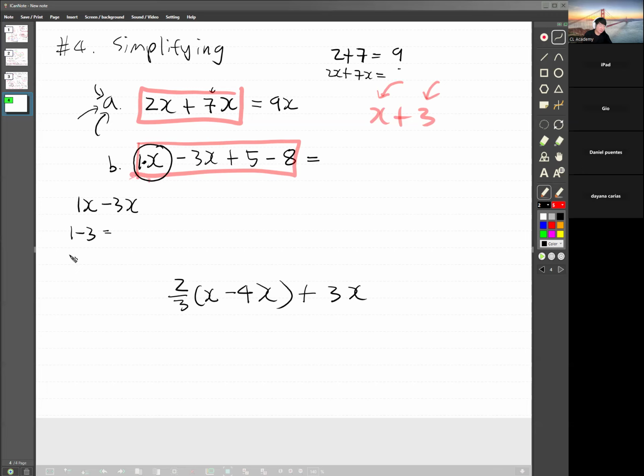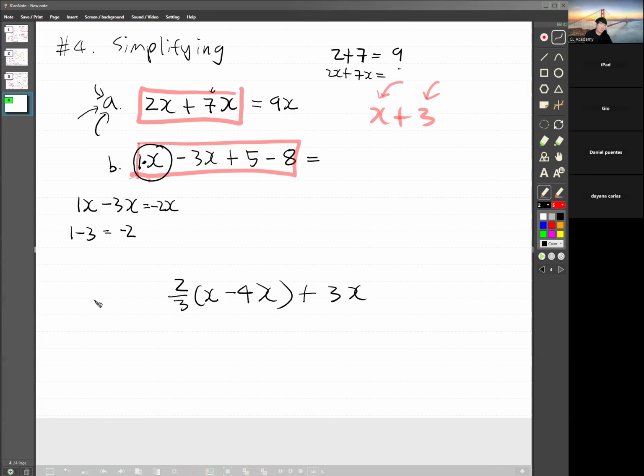So what is 1x minus 3x? Oh, yes. 1 minus 3 is negative 2. Then what is 1x minus 3x? That would be negative 2x.